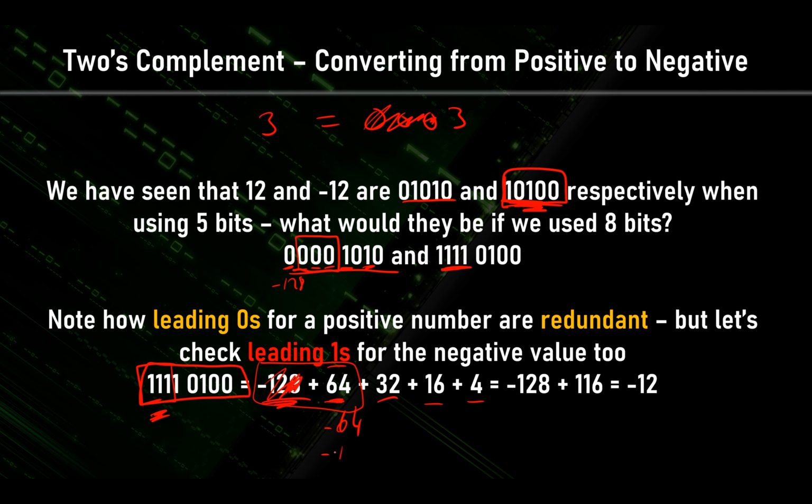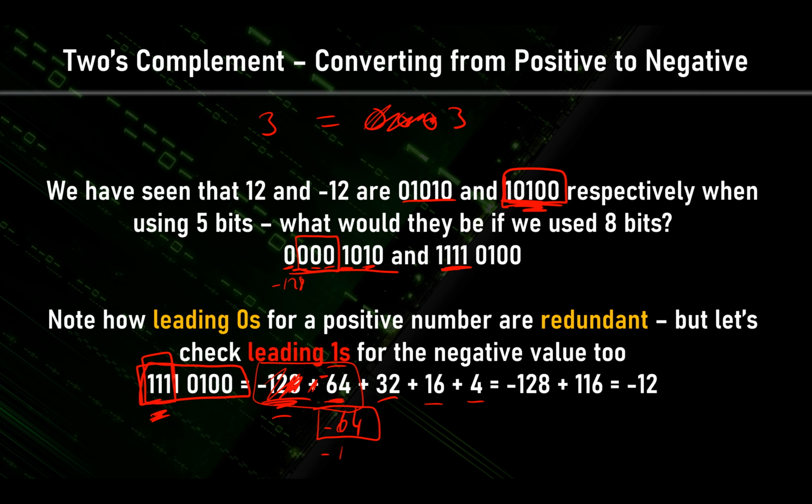Let's say we only have 7 bits, then this first one would be negative, and minus 128 plus 64 is also going to be minus 64. I'm not sure if that explanation makes sense, but the key thing to notice again is that if we have leading ones in a negative number, they're just redundant. It's equivalent to leading zeros in a positive number.